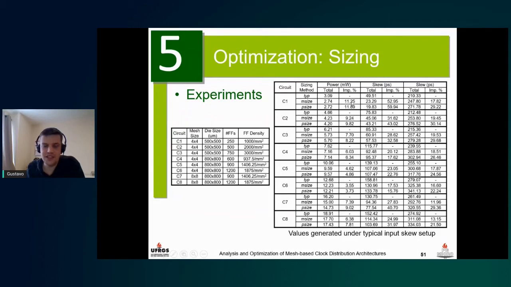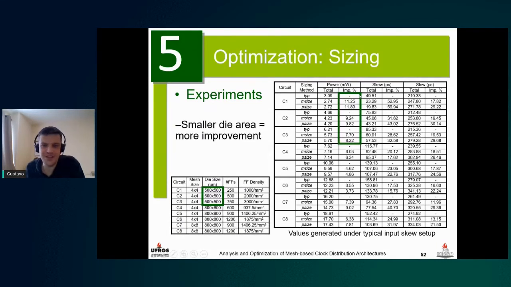By the way, this is for the typical input skew scenario. So we can see that the technique is able to provide improvements in the power consumption and in the clock skew and clock slew.